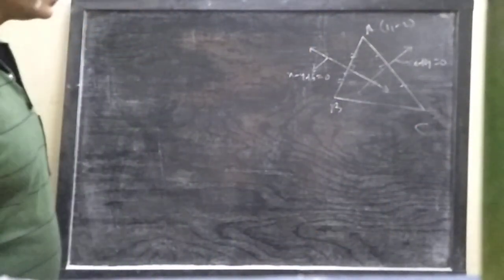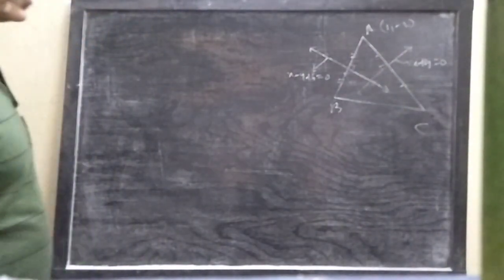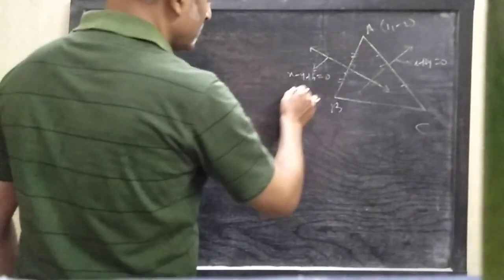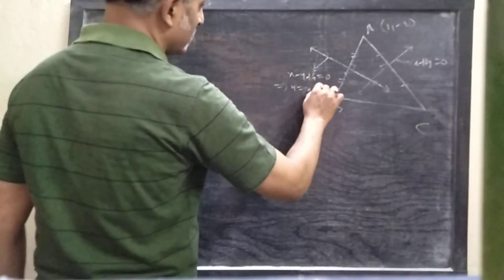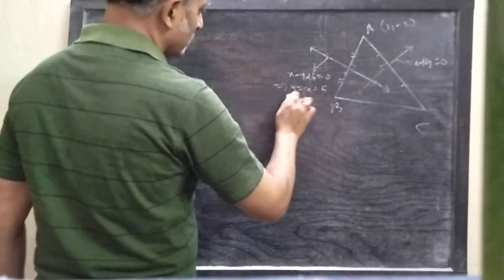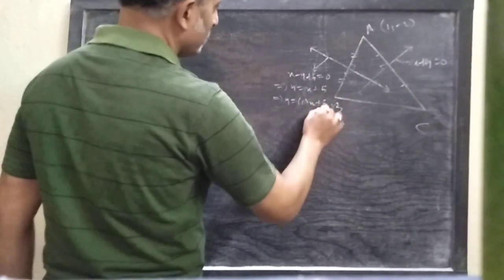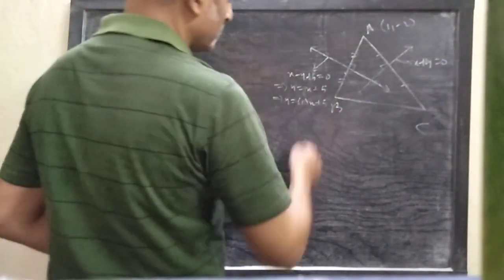Now, first find the equation of line AB. How can we find this? This bisector is x minus y plus 5 equals 0, so you can write it as y equals 1 into x plus 5. So the slope of this bisector is 1.